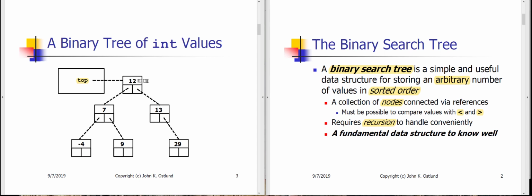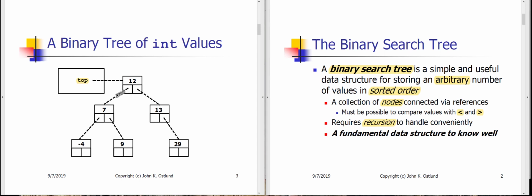That node will contain the first value that was inserted into the binary search tree. So in this example, apparently 12 was the first value that was inserted. Now each node in the tree has a data value and a left and right child.